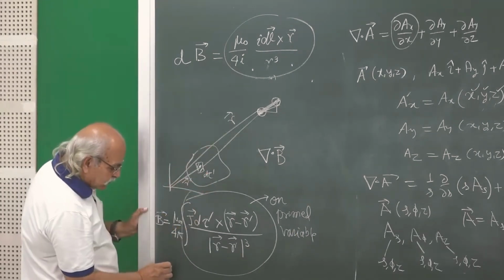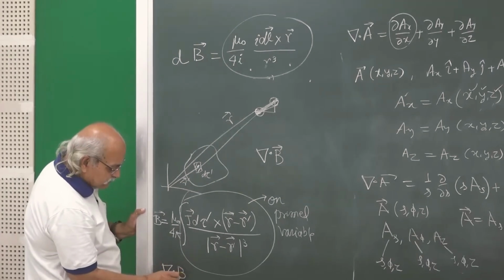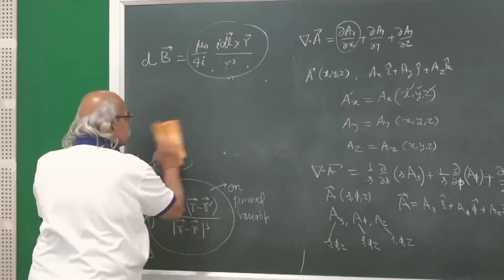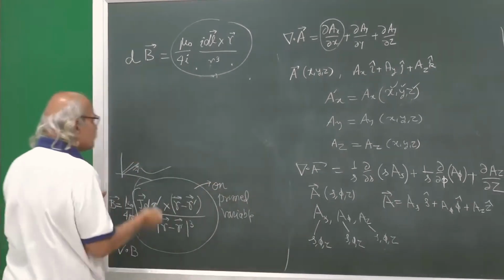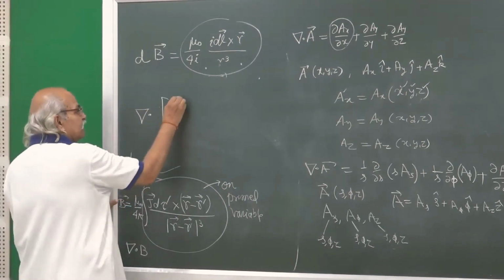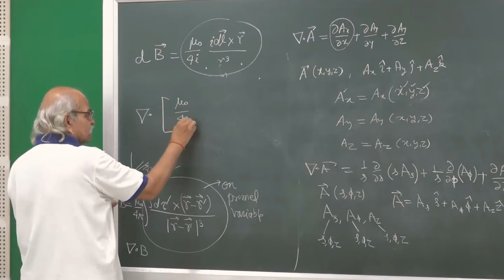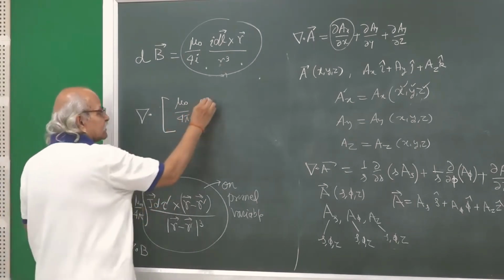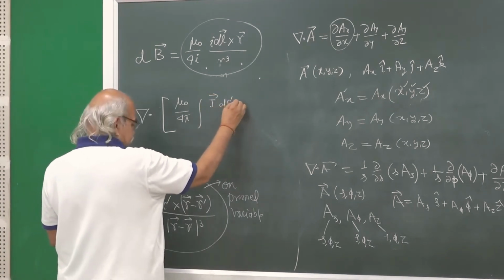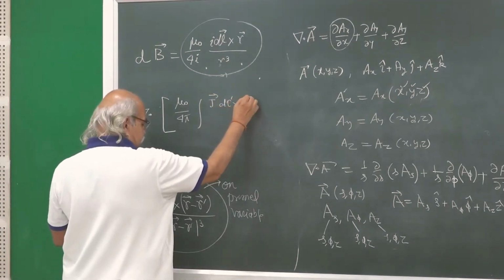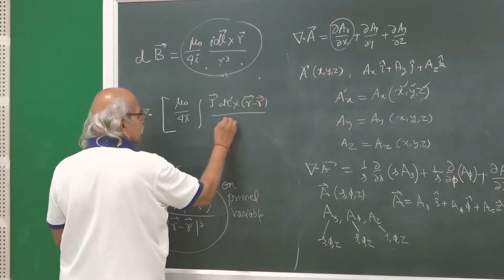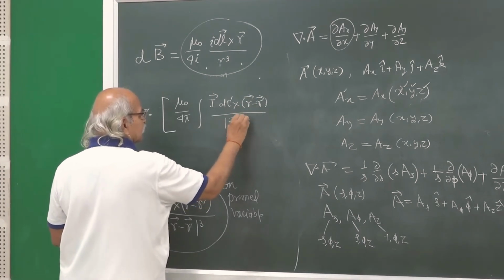But when I am talking of divergence of B, let me write once again that expression. It is divergence of what? B. What is B? B is mu naught over 4 pi and then the integral of j d tau prime cross r minus r prime, divided by mod r minus r prime cubed.